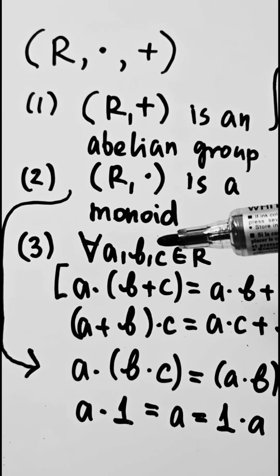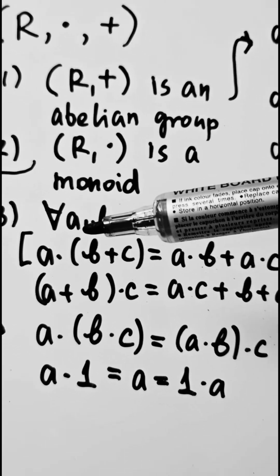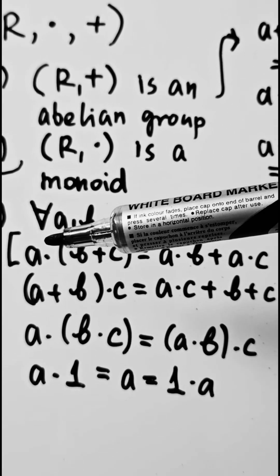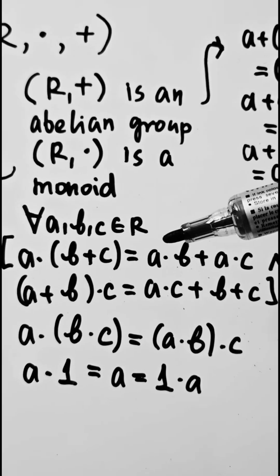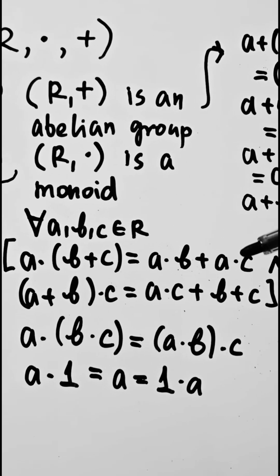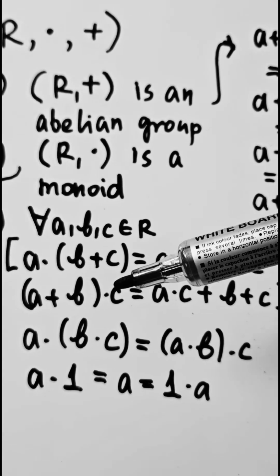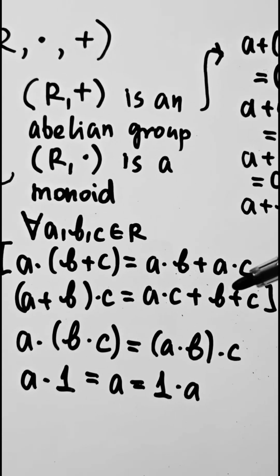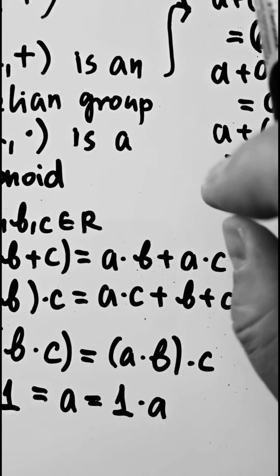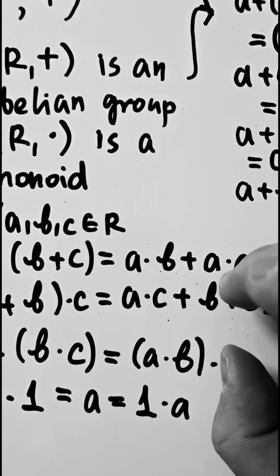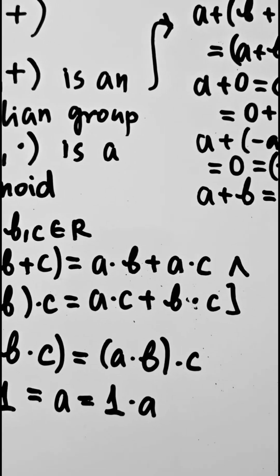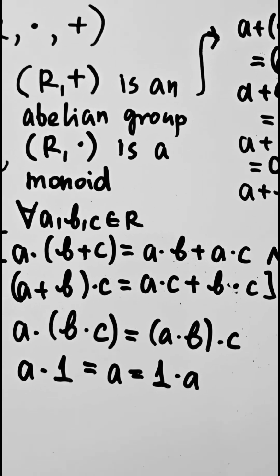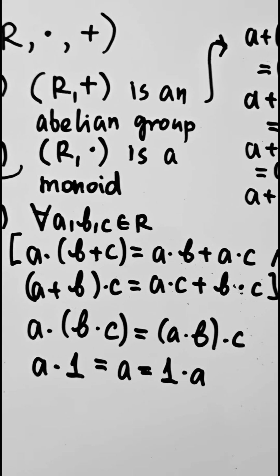And finally, the third property, which expresses the idea that multiplication should distribute over addition. a times (b plus c) must equal a times b plus a times c, as well as (a plus b) times c must equal a times c plus b times c. Oh, we made a tiny error here. It should be times, not plus. And this must hold for all a, b, and c.